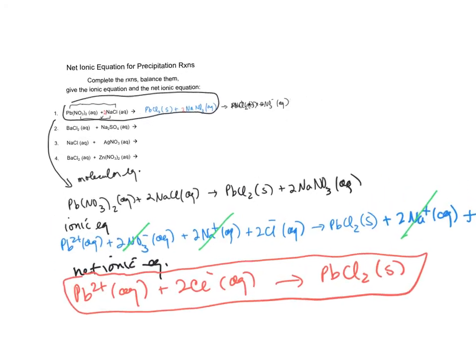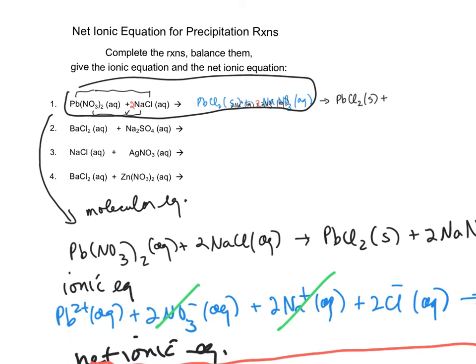All right, so then you got barium chloride and sodium sulfate. In this case, when you do the double exchange, you're going to get barium sulfate solid plus 2 sodium chloride aqueous, and that's a precipitate.